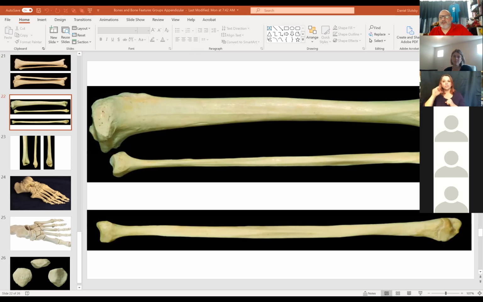But when I look at this surface, which happens to be the medial surface, it doesn't really matter what surface it is. As long as I can see that smooth surface for the talus, then that allows me to see the notch. Now, this end is superior and this end is inferior.